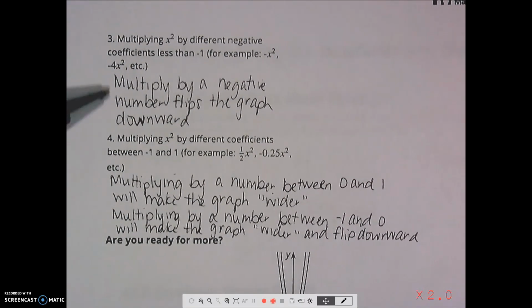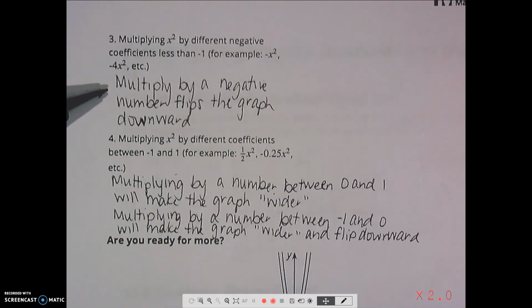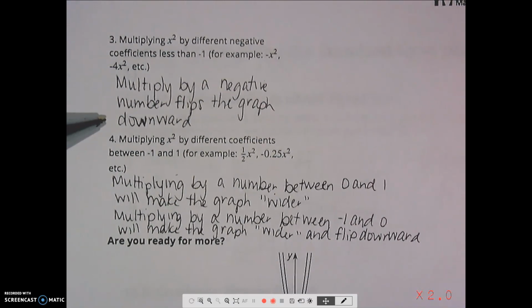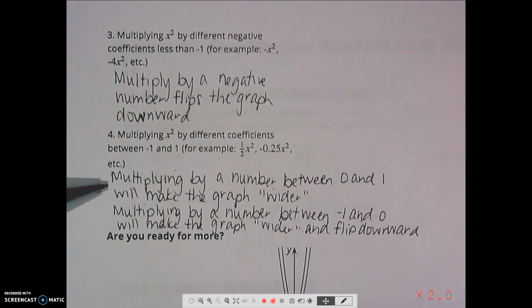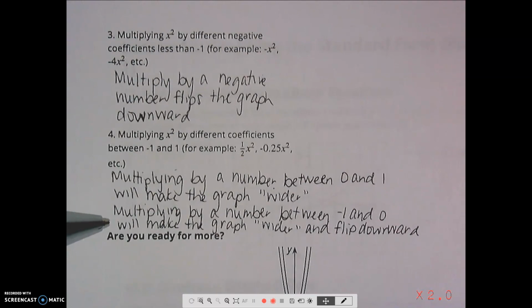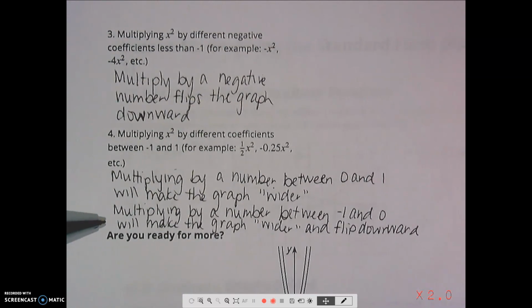If we multiply by a negative number, then that's going to flip it over. It still could make it skinnier if that number is not just -1. And then if you multiply by a fraction, it's going to make it wider. If it's a negative fraction, it's going to flip it down and make it wider. And that's it.